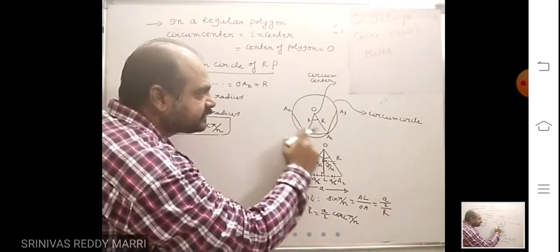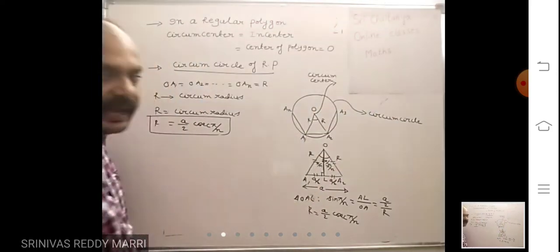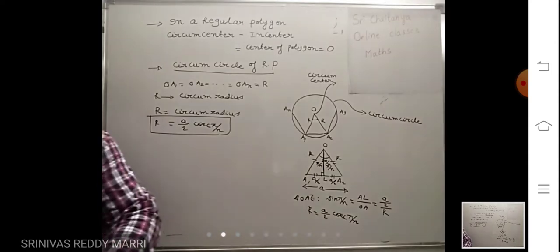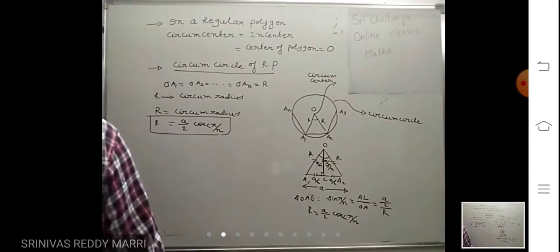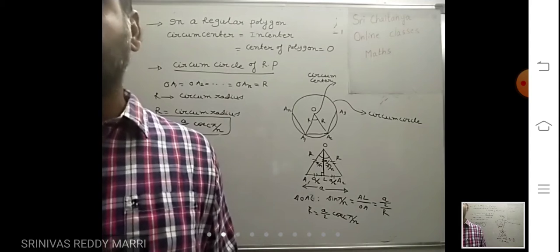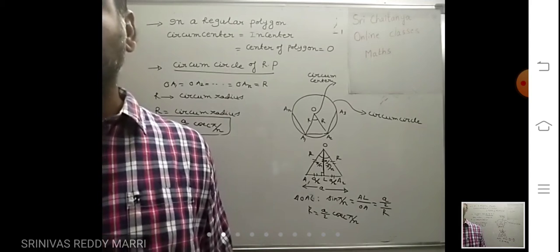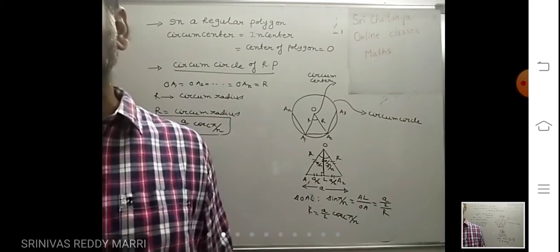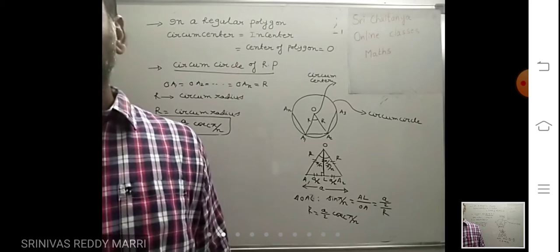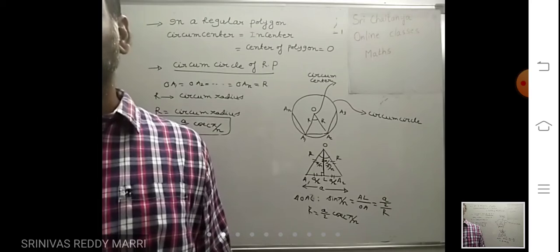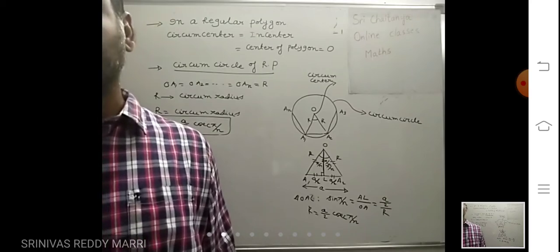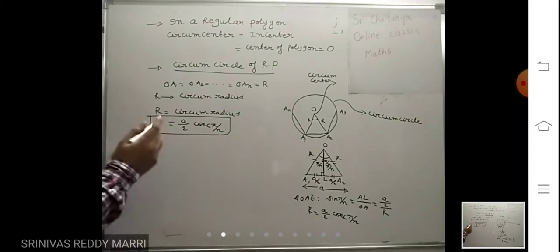Whenever the outside diagram is there, we will always say circumcircle. Inside, what will we say? Inscribed polygon. Inner means inscribed. Outer means circumscribed circle. Look at next.